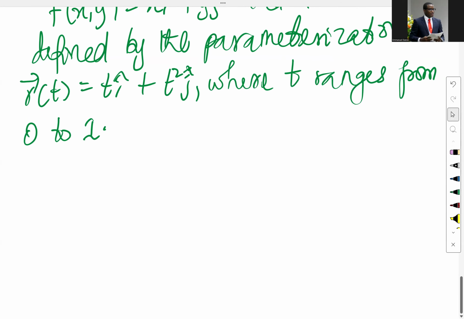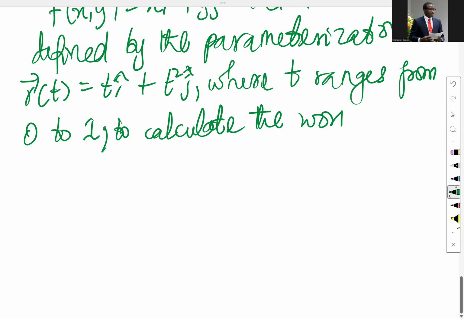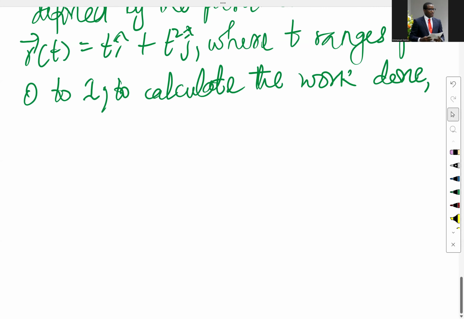So if we have this, to actually calculate the work done, what do we do? First thing, let me just call that step 1.